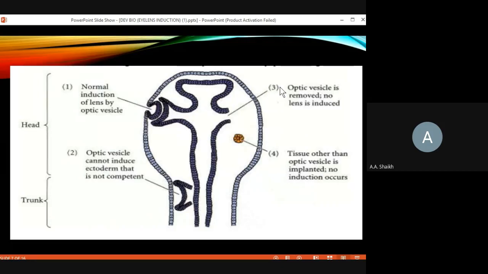So what is the important thing here? The important thing is the optic vesicle, which works as the initiator, the inducer in all of this. So what are these optic vesicles doing? They are releasing various different types of signals.